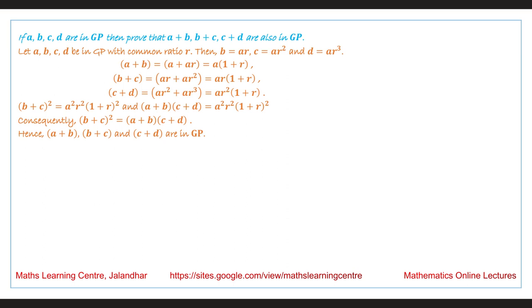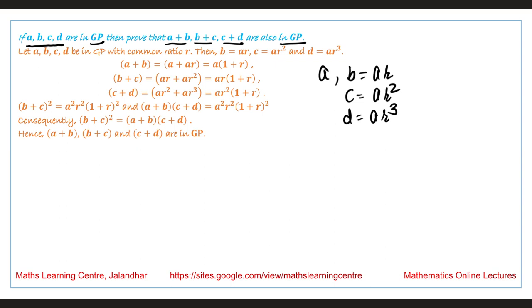Next we have, if a, b, c, d are in GP, we have to prove that a plus b, b plus c, c plus d are also in geometric progression. So if a, b, c, d are in GP, we have the value a, b is equal to a into some r, c is equal to a into r square and d is equal to a into r cube.